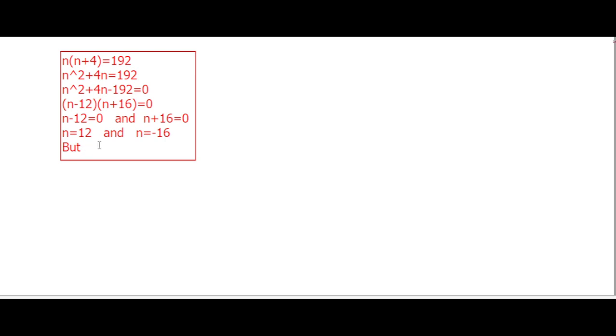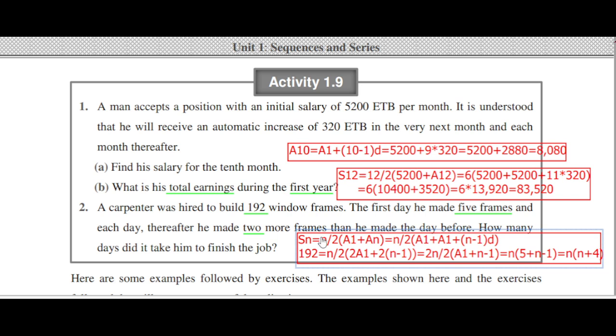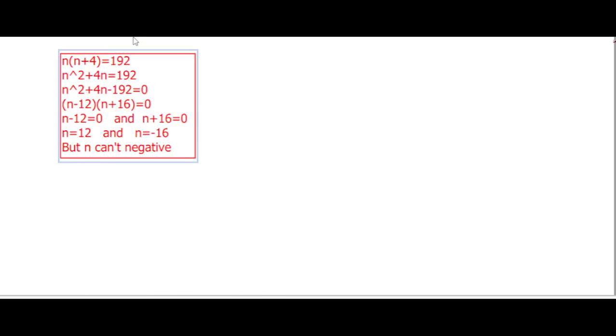But n cannot be negative. So the only value is n equal to 12. This is the answer for question number 2. How many days did it take him to finish the job? The answer is n equal to 12.